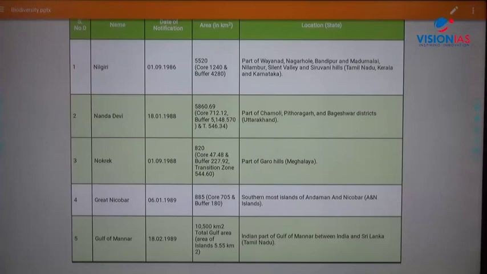Wayanad, Nagarhole, Bandipur, Mudumalai. Write down as it is, whatever is displayed on the board. Wayanad, Nagarhole, Bandipur, Mudumalai, Nilambur, Silent Valley, Siruvani Hills.